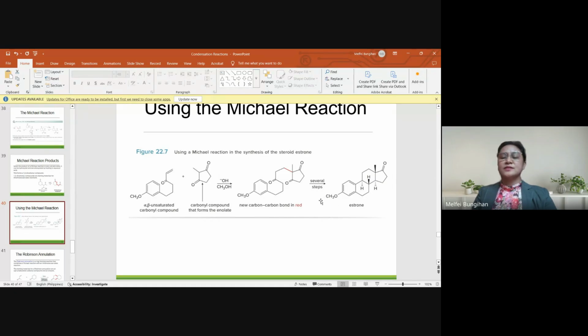You have to locate where is the addition of carbon-carbon bond, the carbon-carbon addition. Here, this moiety and the other moiety. So this is where you had the condensation reaction that happened. That was Michael addition.